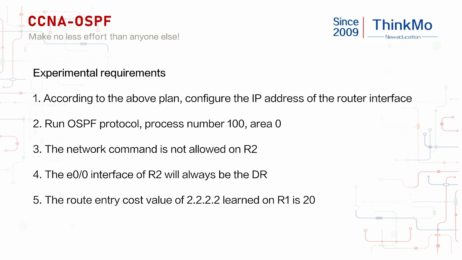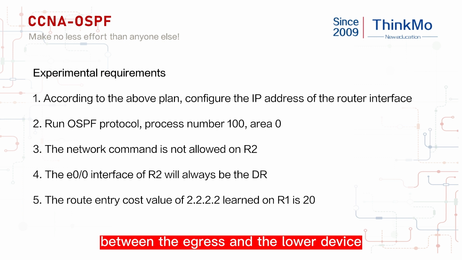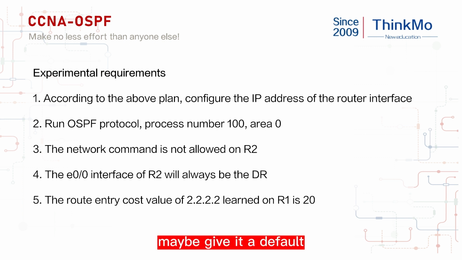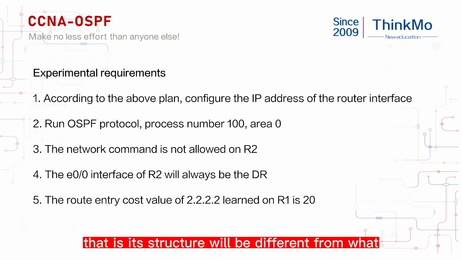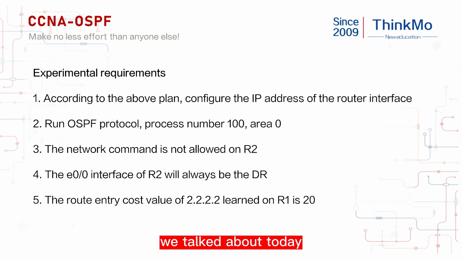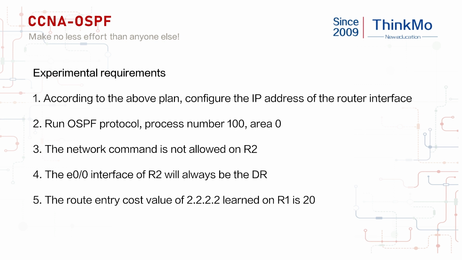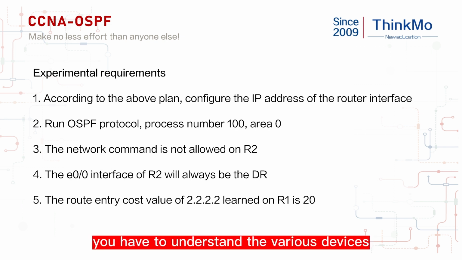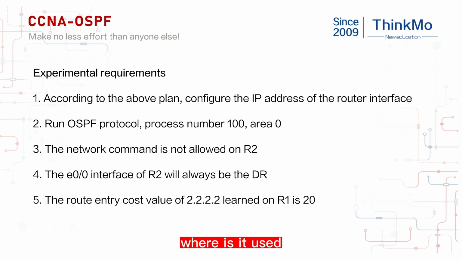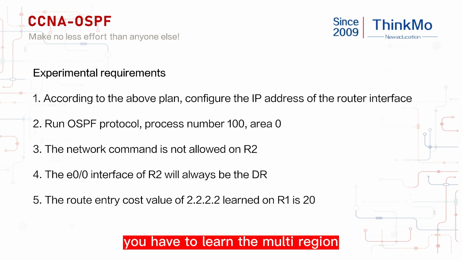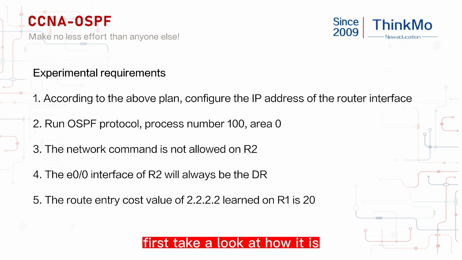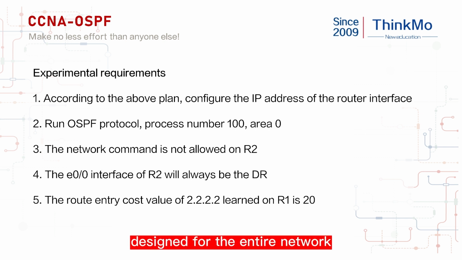Generally speaking, we will run OSPF between the egress and the lower device, maybe give it a default. That is, its structure will be different from what we talked about today. But we generally choose higher performance. It's okay. You have to understand the various devices. Where is it used? First of all, you have to learn the multi-region. First take a look at how it is designed for the entire network.